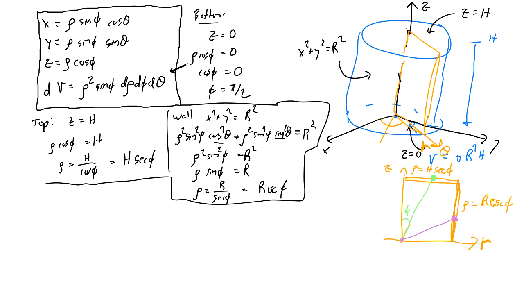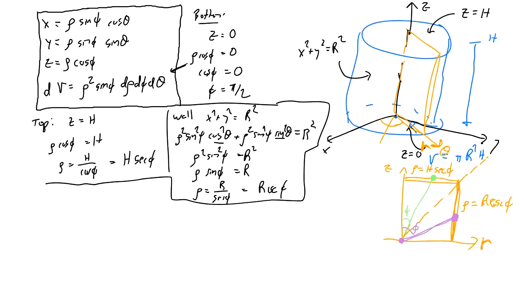So when phi is bigger, rho is going to go from the origin out to the wall, rho equals r cosecant phi. And somewhere in the middle, right here, is going to be the angle which separates the two.